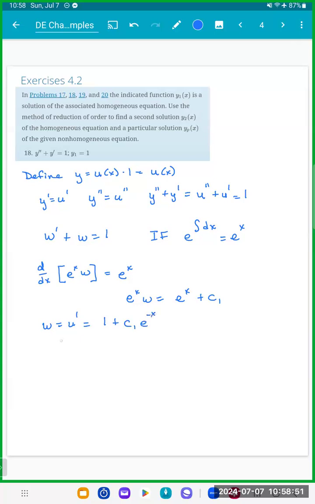We could also say that y equals u, so x minus c1 e to the negative x plus c2. So from the last equation there, we see that a second solution is going to be y2 equals e to the negative x. And we could see that our particular is just x.